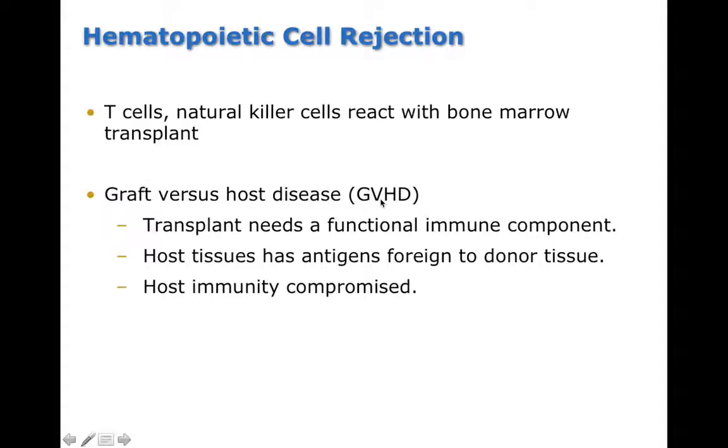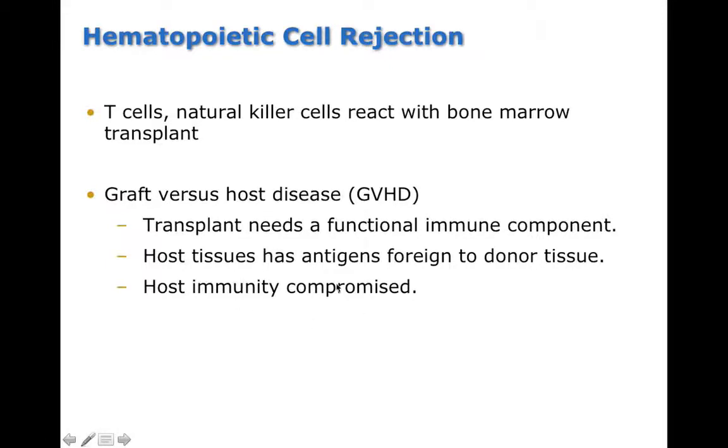And this occurs in individuals who might need to have a bone marrow transplant, where if they had like leukemia or lymphoma and their bone marrow was wiped out through radiation treatments, if they get basically a bone marrow transplant, they're receiving an entire new stem cell set from potentially someone else. Now, the problem here then is that the transplant needs a functional immune component, right? So it could get this from somebody else. But the host tissues can have antigens that are foreign to the donor tissue, right?